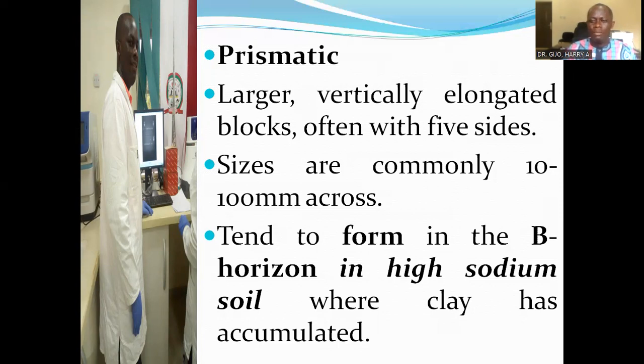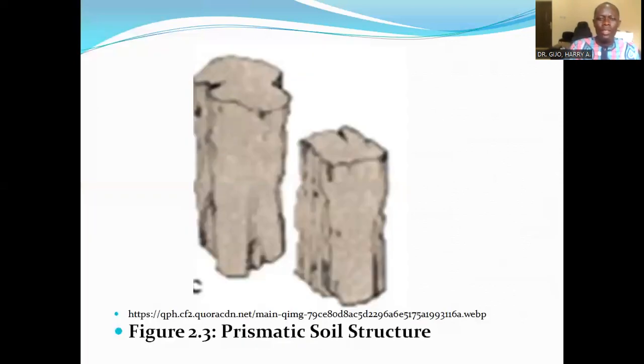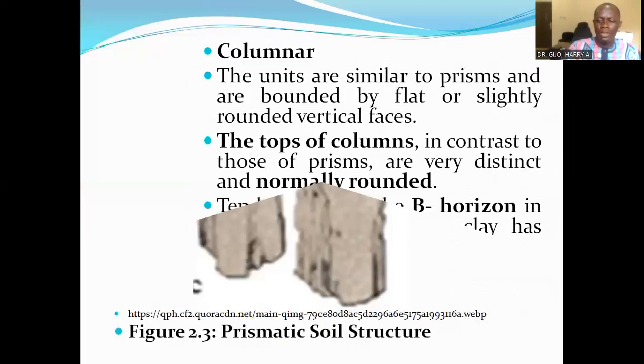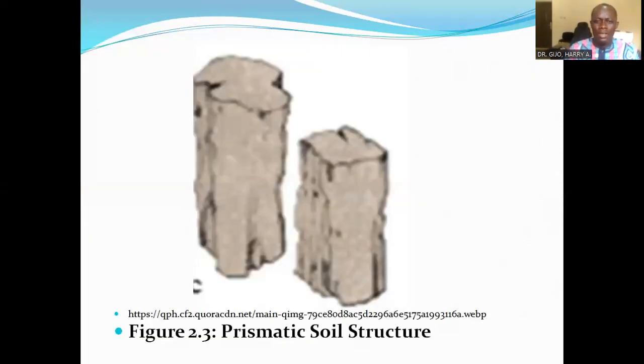They form in the B horizons in high sodium soils where clay has accumulated. These are pictures of the prismatic structures. They are cylindrical, actually prismatic in shape.